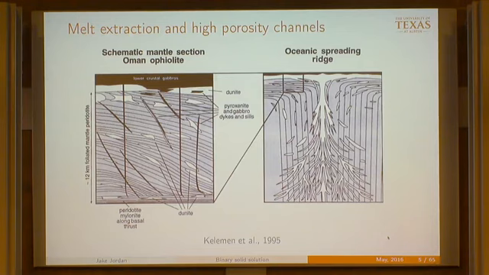There are these dunite channels that are a conspicuous feature of the ophiolites, and they're out of chemical equilibrium with the surrounding harzburgite, which made Kelemen and others start to think that maybe there were these high porosity melt conduits that were feeding melt efficiently to mid-ocean ridges, before these ophiolites, which are essentially oceanic crust, were emplaced on land.